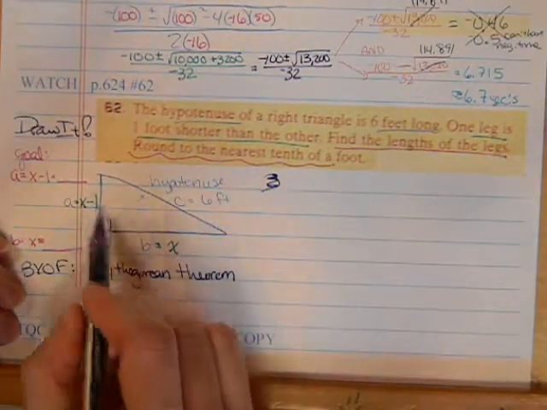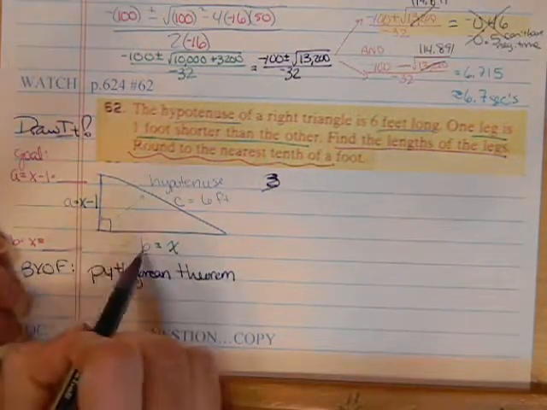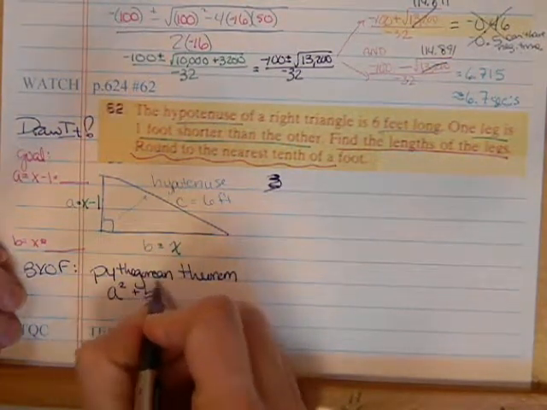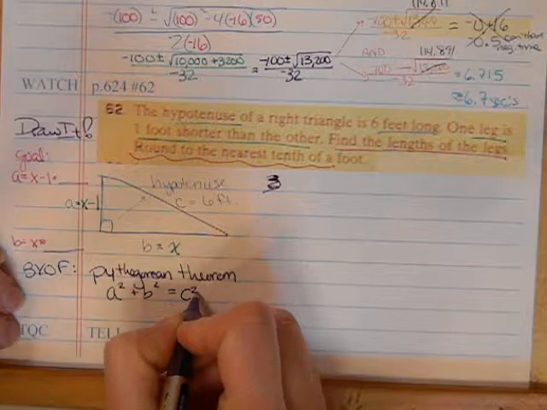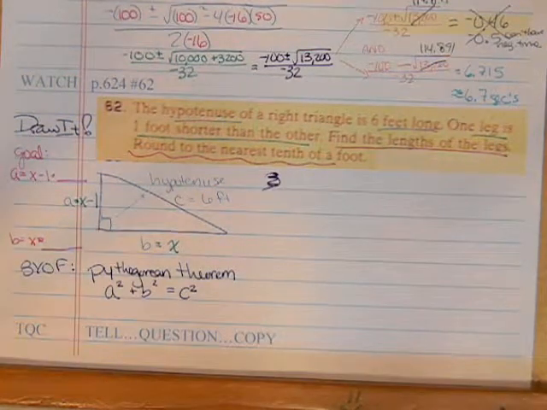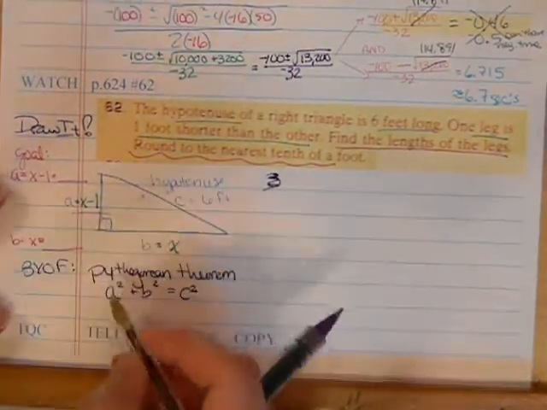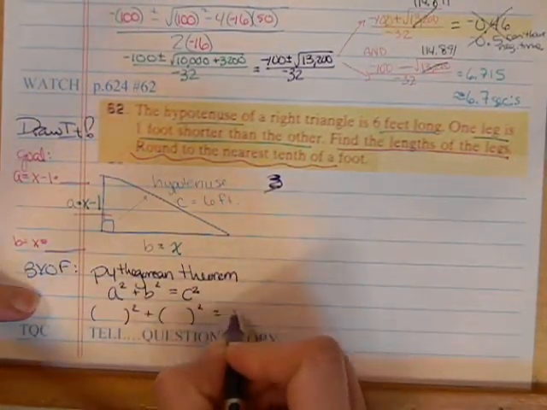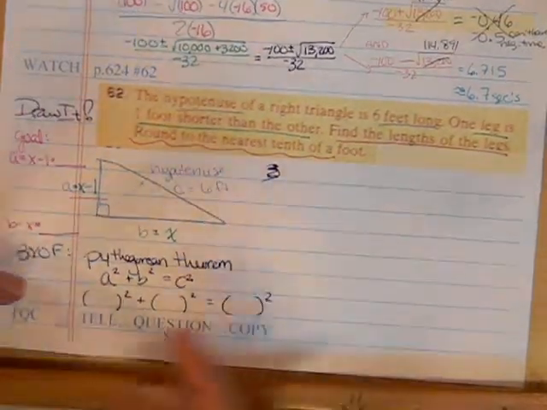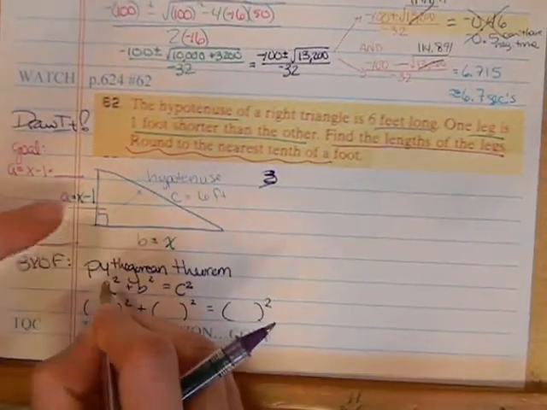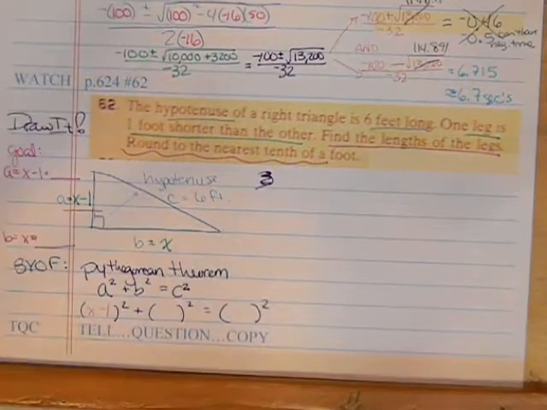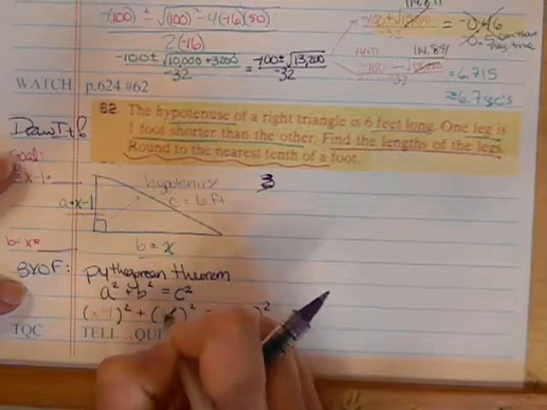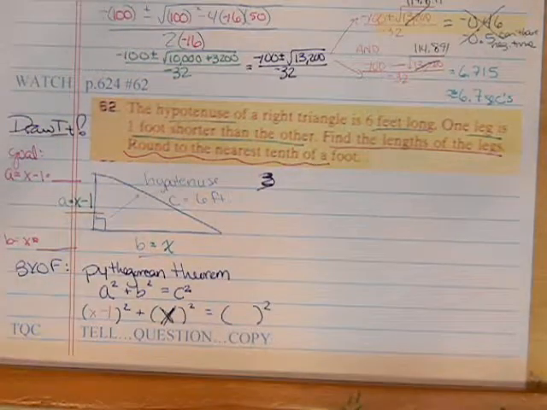The Pythagorean Theorem says that if you have a right triangle and the legs are A and B and C is the hypotenuse, then A squared plus B squared equals C squared. In this case our A is X minus 1, and our B is X, so B squared is going to be X squared.